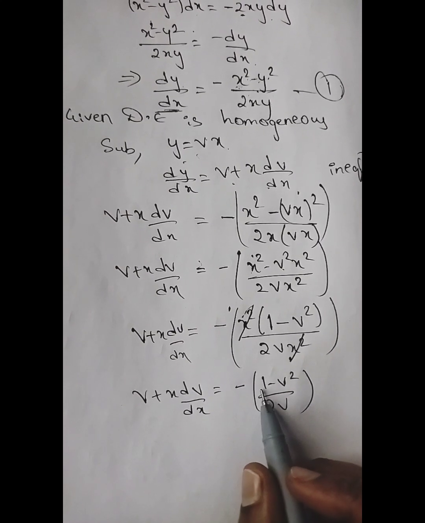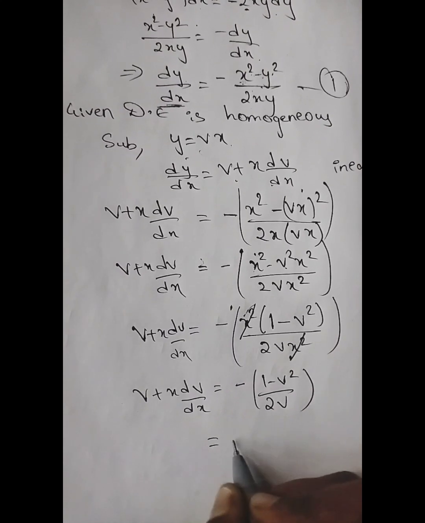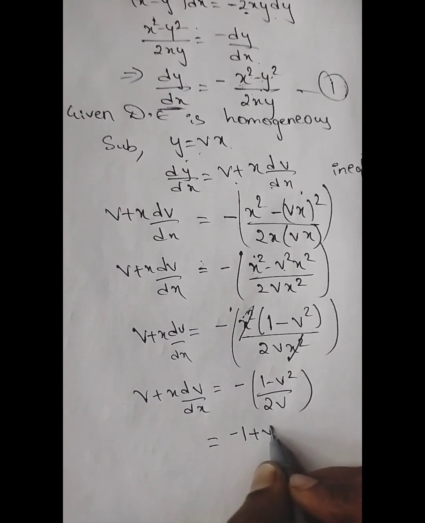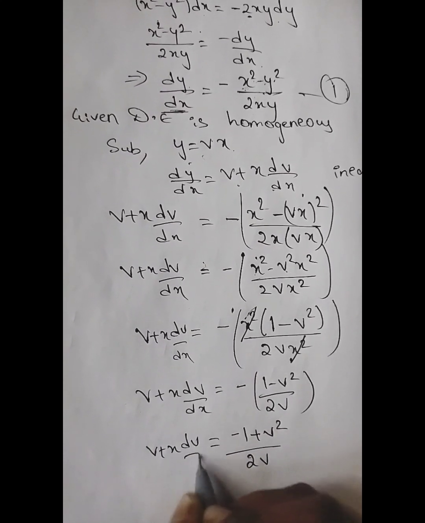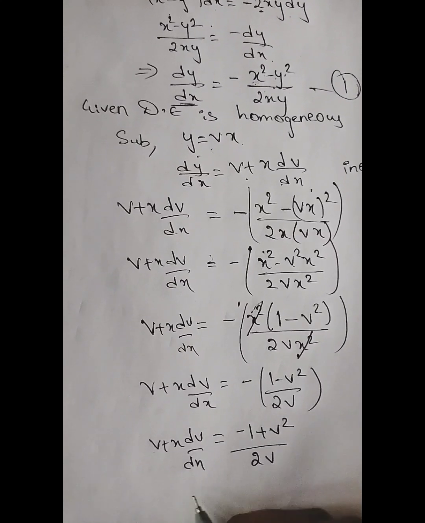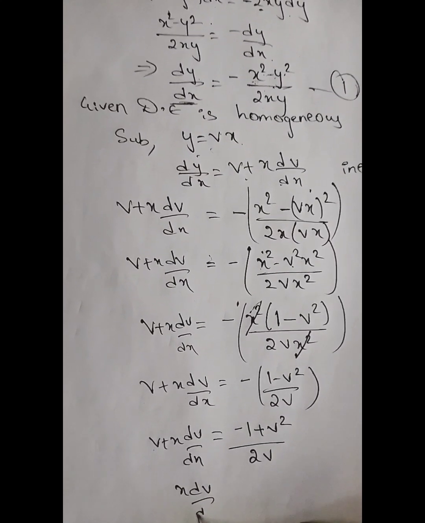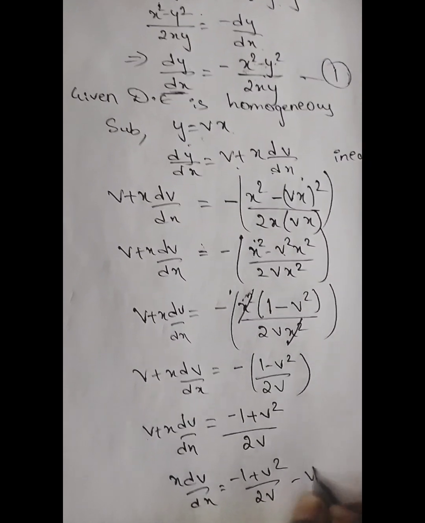Also we can multiply the minus into this term. We are going to get minus 1 plus v square divided by 2v, and the left hand side as usual dv by dx. Now we can also send v to the right hand side. So x into dv by dx equal to (minus 1 plus v square) divided by 2v, minus v.